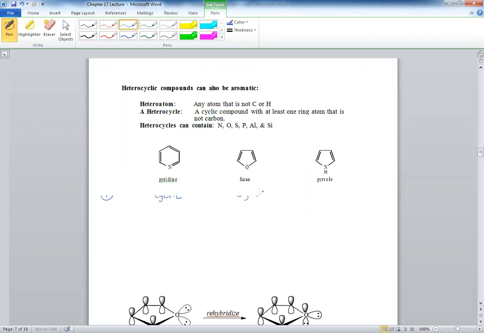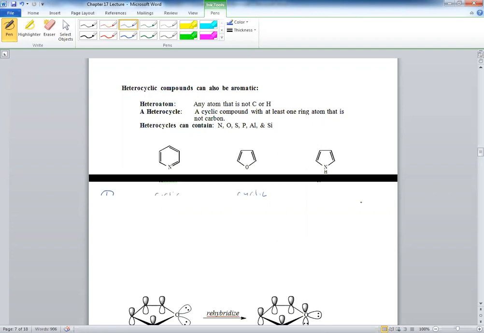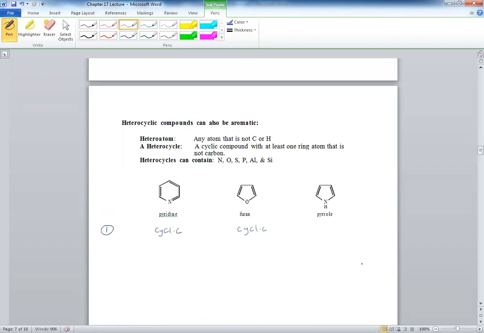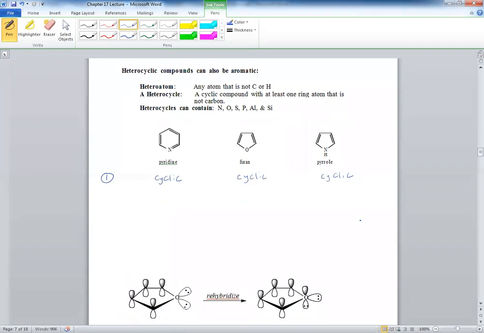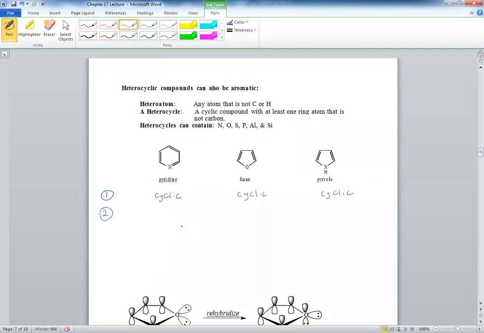Cyclic. And cyclic. Two. Do we have a p orbital on every atom in the ring? Well, if you look at nitrogen here, it has a lone pair on it.